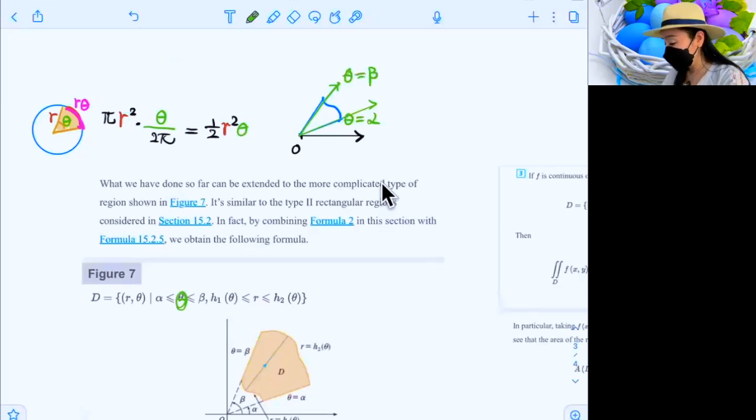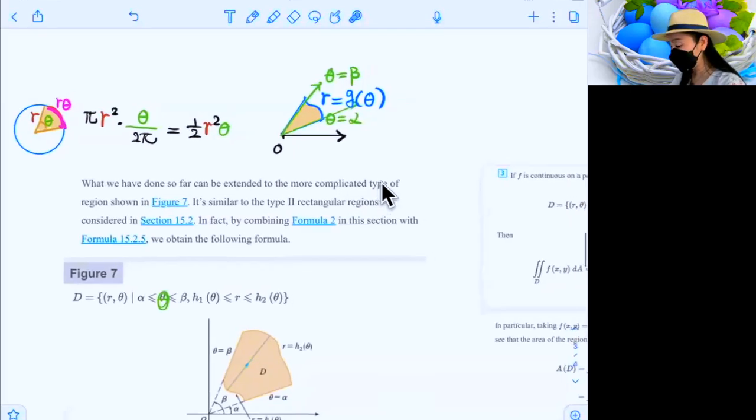Okay. And if you try to find this area over here, say the polar curve is r equal to whatever, a function of theta, g of theta, say. Now, how do we find this area that is bounded by this polar curve and these two rays over here? Anybody remember this?